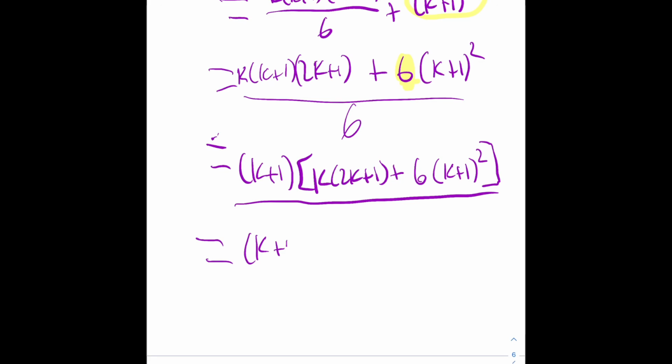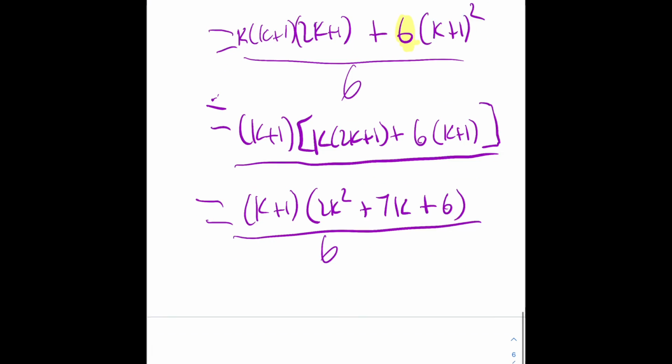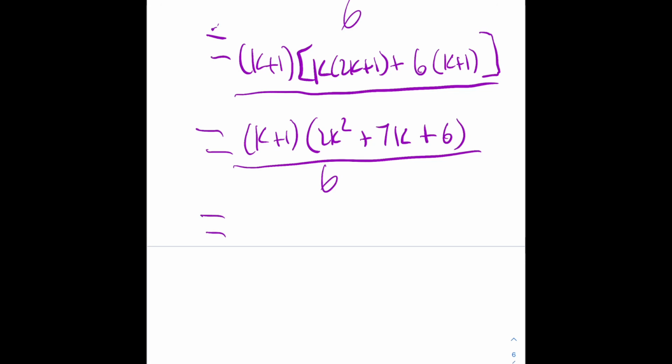So equals k plus 1 times, k times 2k is 2k squared plus 7k plus 6. And it's still divided by 6 here.